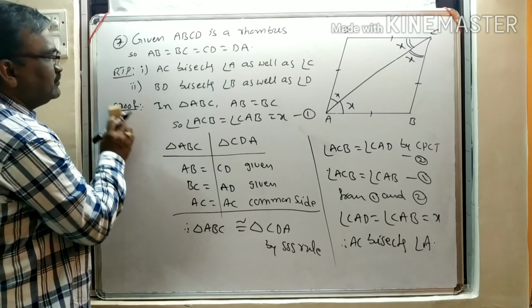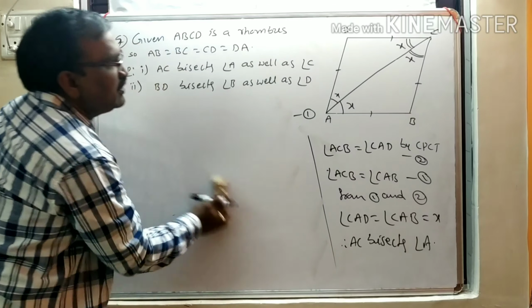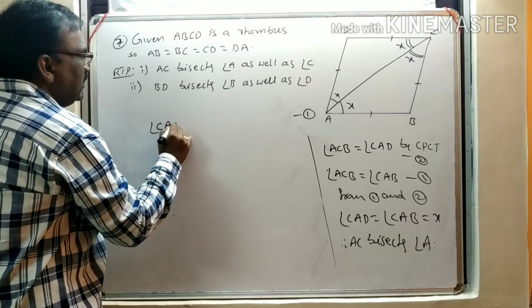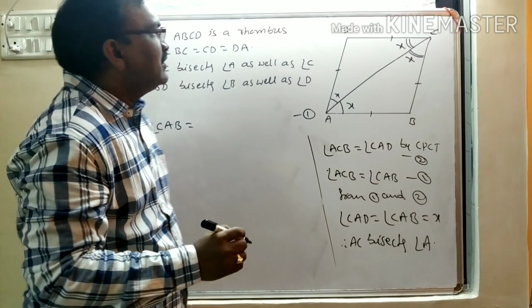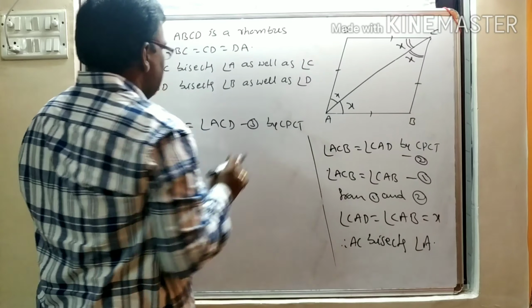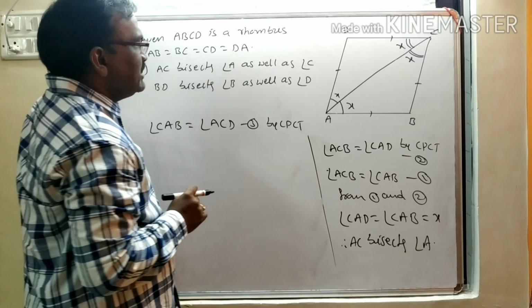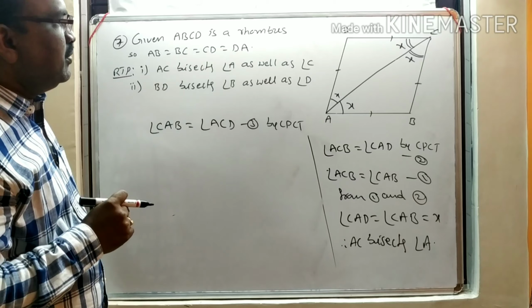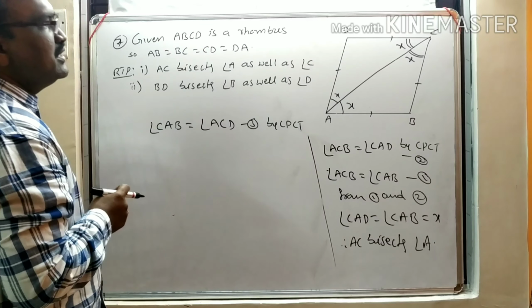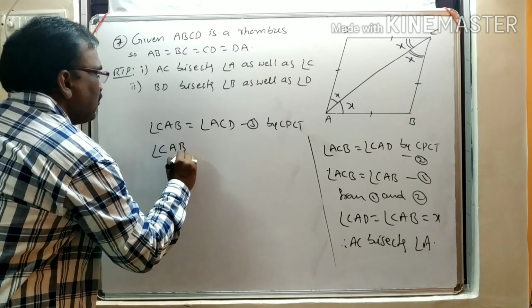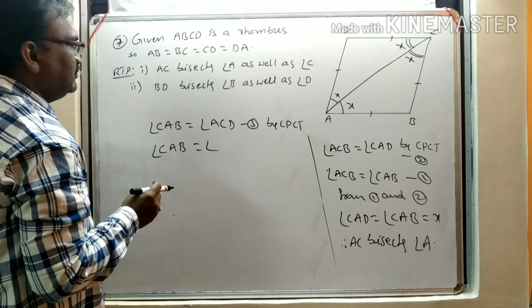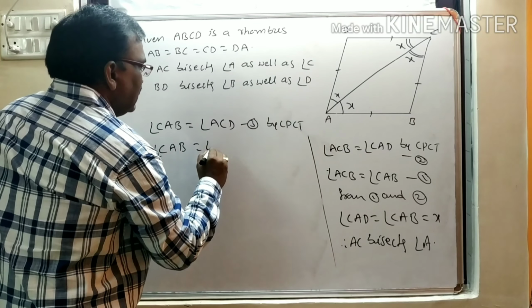See next. Angle CAB is equal to angle ACD by CPCT. This is 3. But angle CAB is equal to angle ACB.